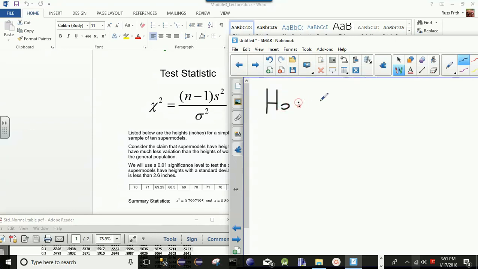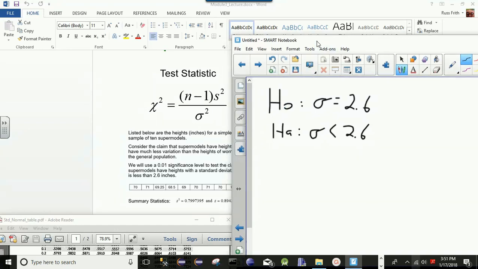For this problem, the null hypothesis is that the standard deviation of the heights of supermodels is the same as the general population, which is 2.6 inches. The alternate hypothesis, based on this particular sample, is that the standard deviation is less than 2.6. Okay, so that's your setup here.